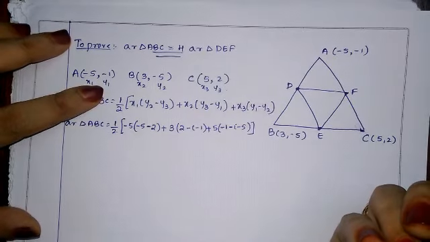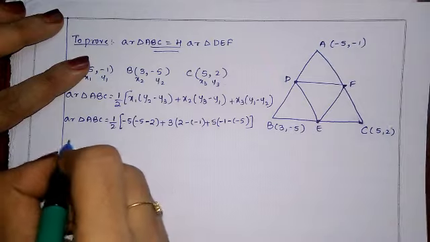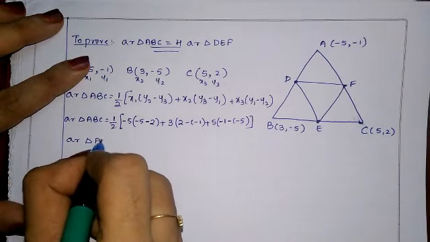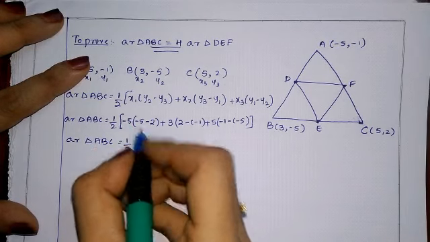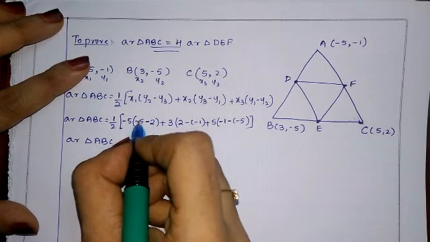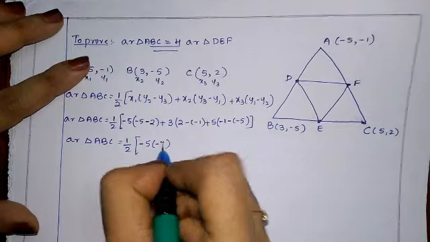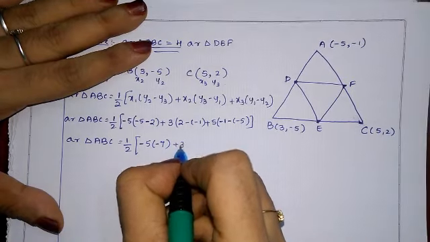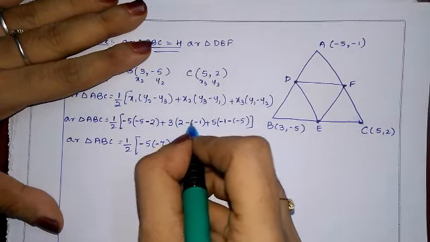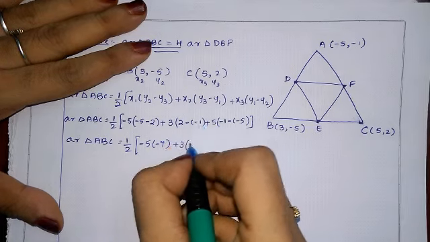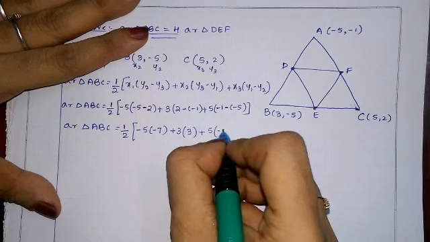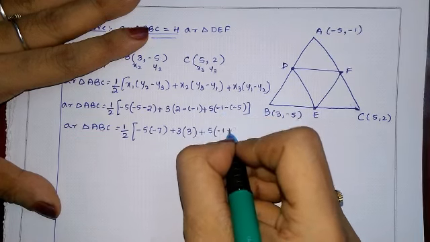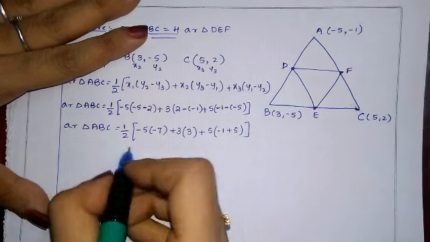We should be very careful while writing the values. Area of triangle ABC is equal to half of -5 times -7, plus 3 times 3, plus 5 times 4. Minus 5 outside only we have to write.